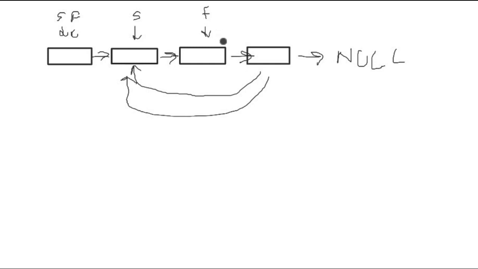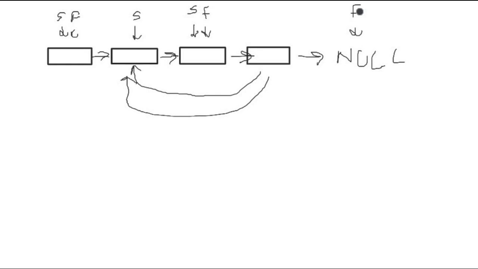If the null exists, then after the next iteration the slow pointer will come here and the fast pointer at that time will be here, and it has already been placed at null, and it will return false, which will show that there is no loop in this.